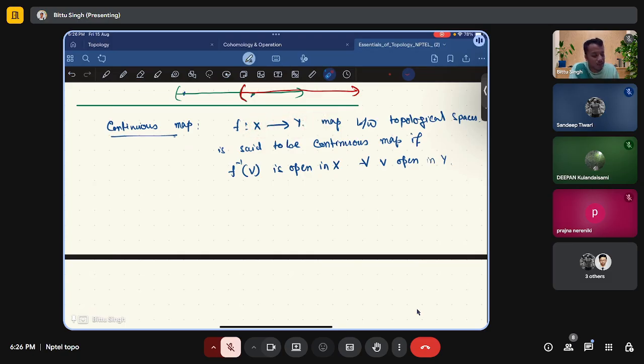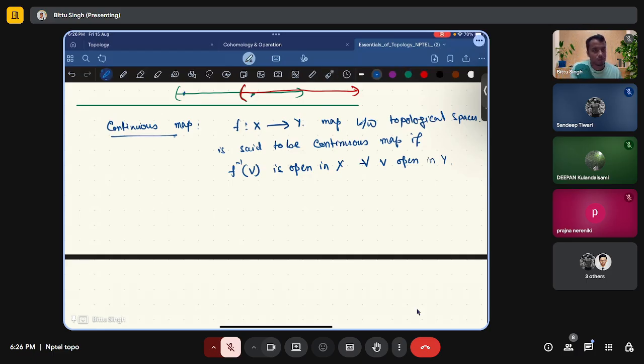Otherwise, open sets do not make any sense. Those are abuses of notation, but this is the definition. So take any open set V in Y; if the preimage is also open in X, then that is called a continuous map.